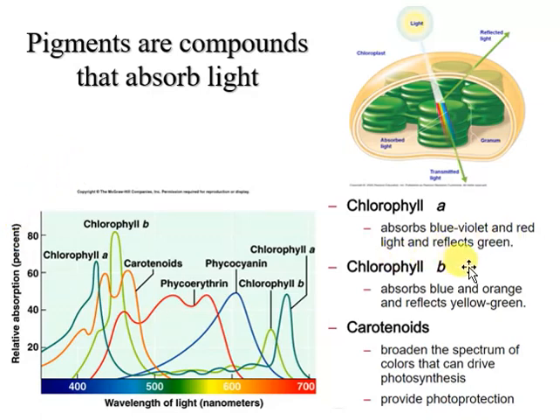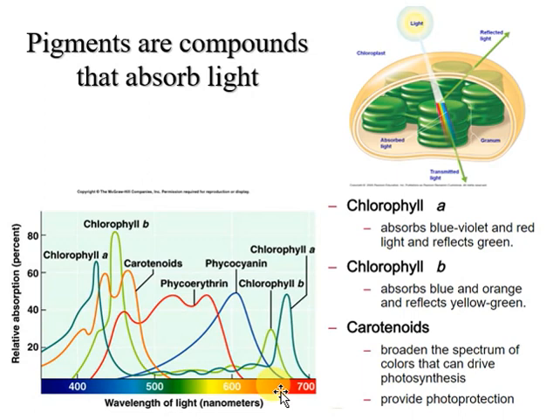Our second little friend is chlorophyll B. So chlorophyll B absorbs from either end of the spectrum, so it absorbs blue and orange light, or light in that region of those wavelengths. It will reflect yellow-green light.